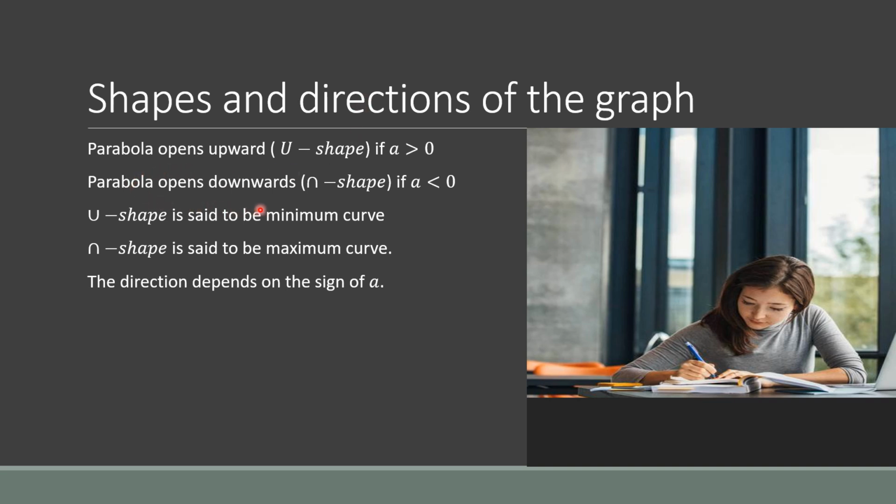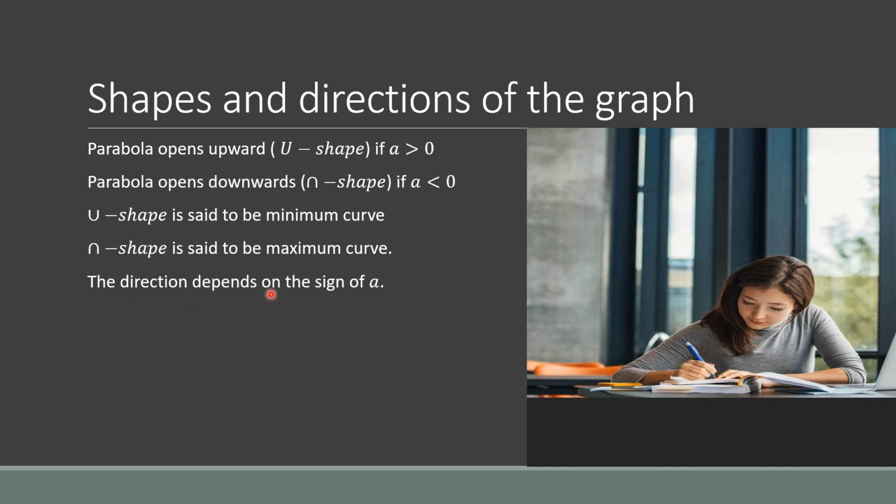We also have the N-shaped parabolic curve. It only happens when a is negative, that is, a less than 0. So the U shape is said to be the minimum curve, and the N shape is said to be the maximum curve.